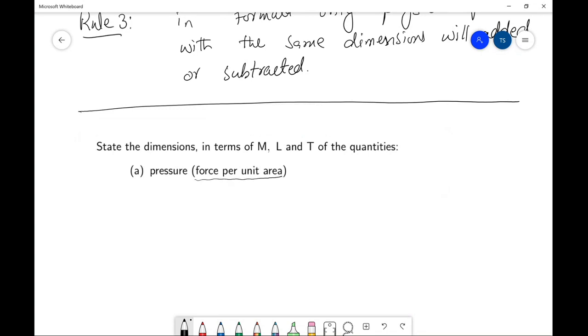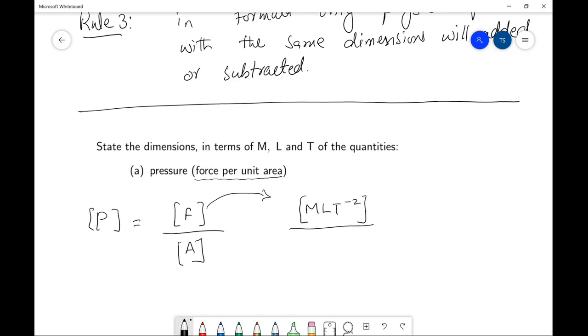Force per unit area. So I know that pressure will be dimensions of force per unit dimensions of area. Do we know the dimensions of force? We've just worked out the dimensions of force. If not, then I will tell you how you would do it again.